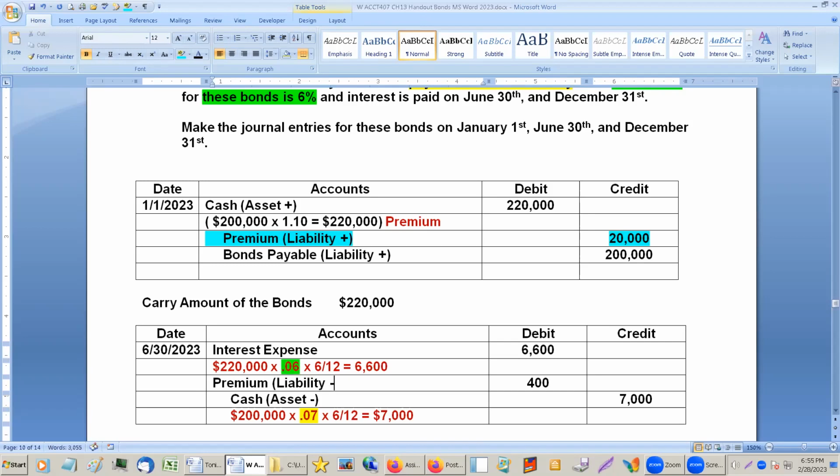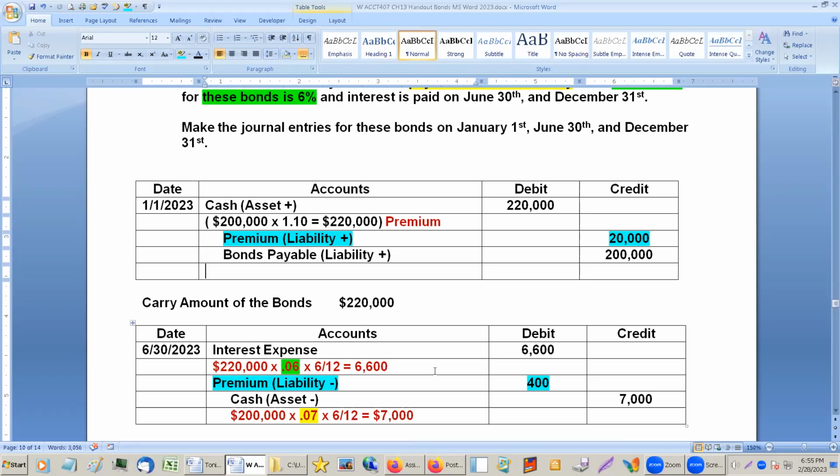And now it's going down. This $20,000 liability has now gone down by 400. And eventually it's going to go down to zero.